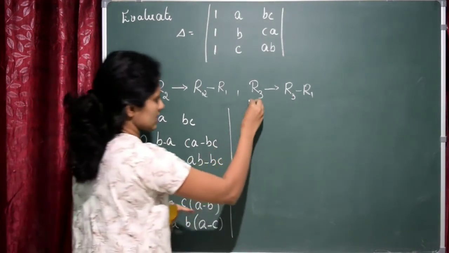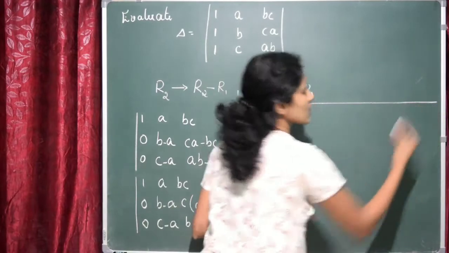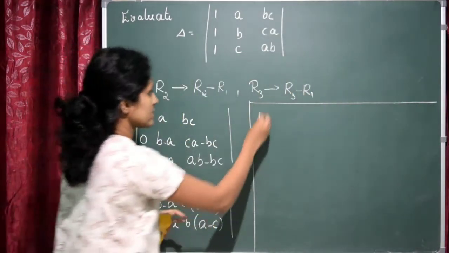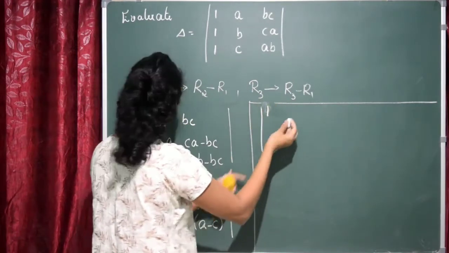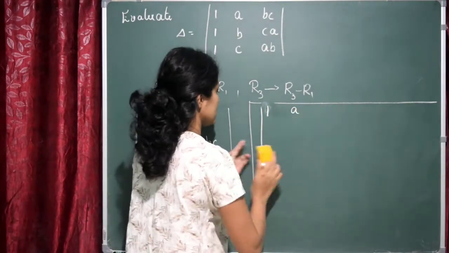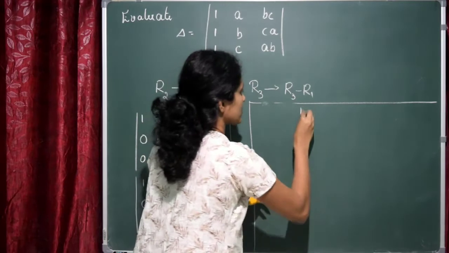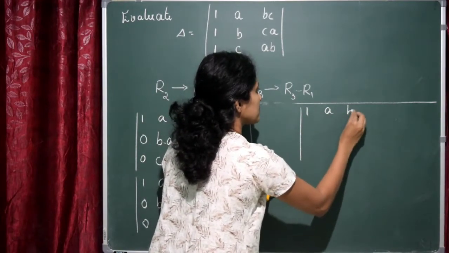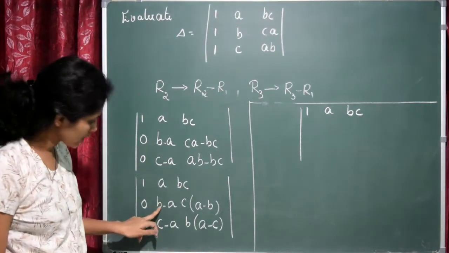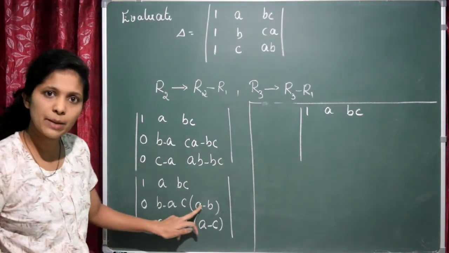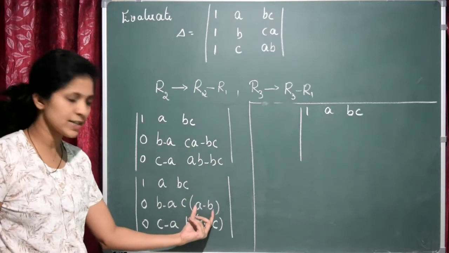Then now the next step. First row is as it is: 1, A, and BC. Here 0, B minus C, and C into A minus B. I can take A minus B common, right?